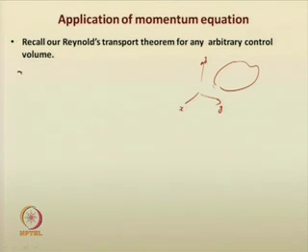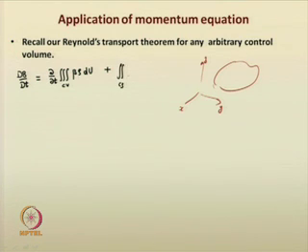The Reynolds transport theorem suggested dB by dt is equal to dou by dou t of the control volume beta rho dU, the volumetric integral where dU is the elementary volume in the control volume you are taking into account, plus the surface integral on the surfaces of beta rho V dot n dA, with velocity in vectorial form.